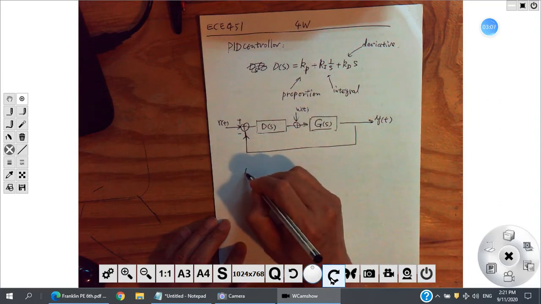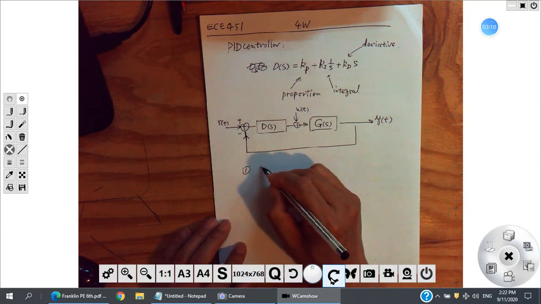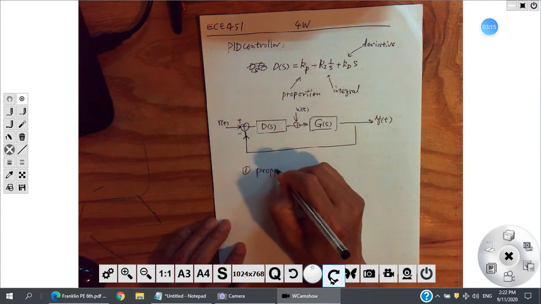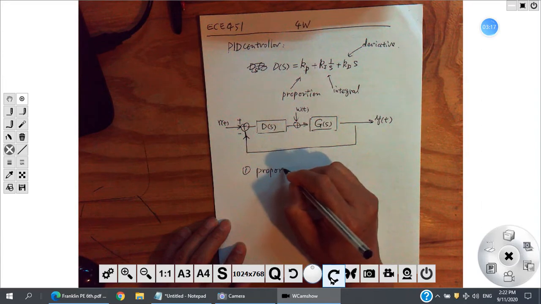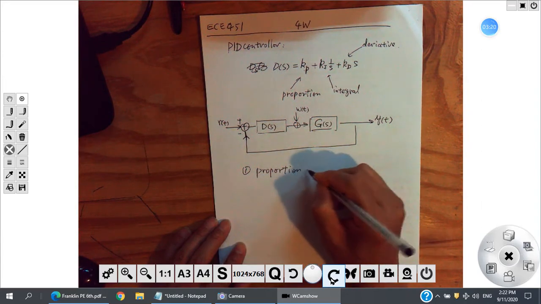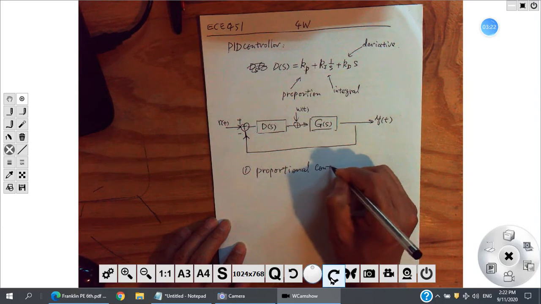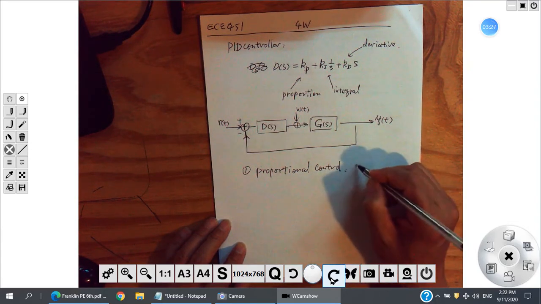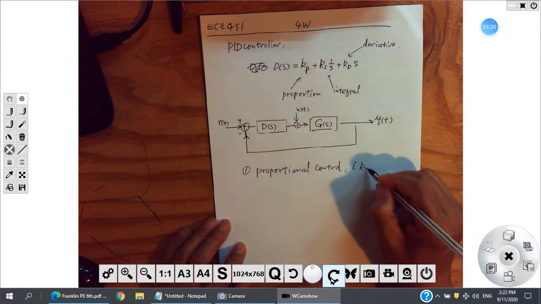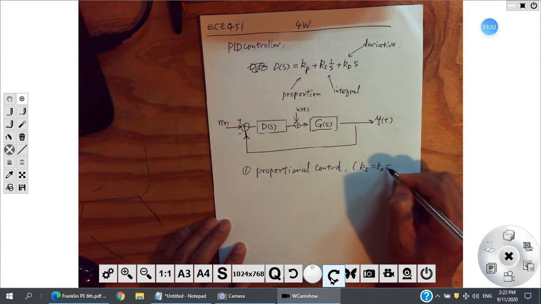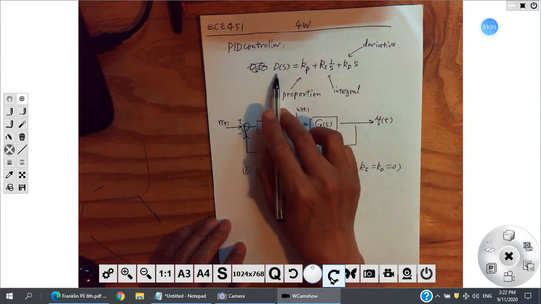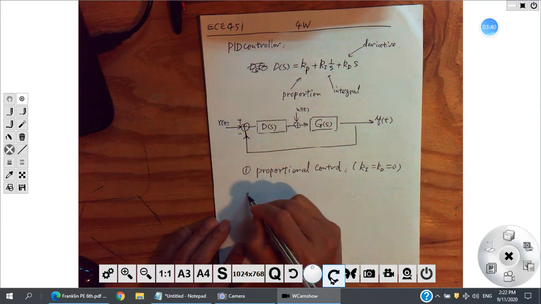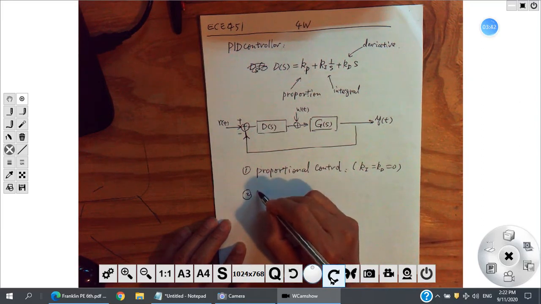The first one is only with the proportion, so it's proportional control. That means Ki and Kd are zeros. The same D of S, but these 2 parameters are zeros. We only have Kp.